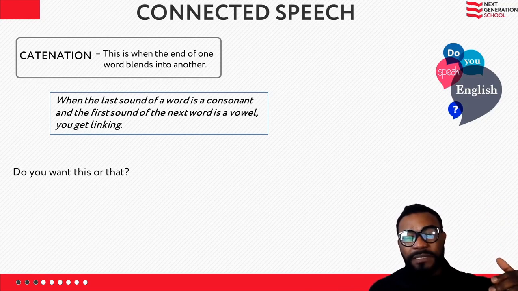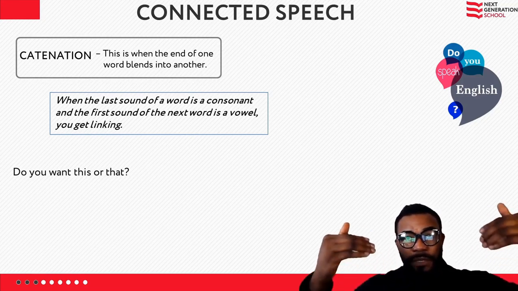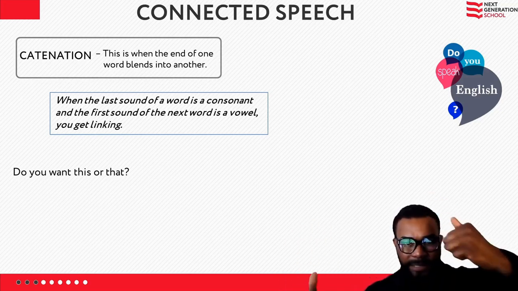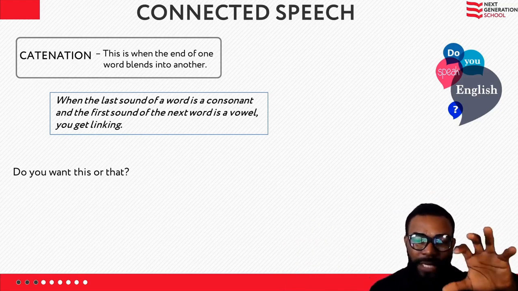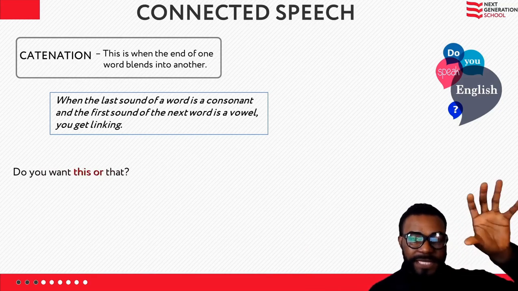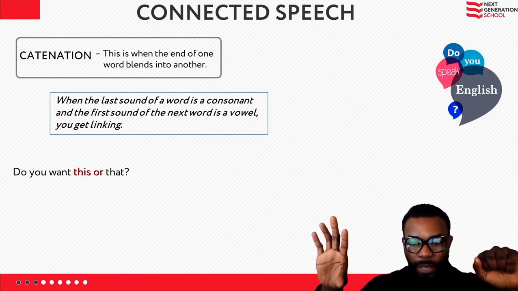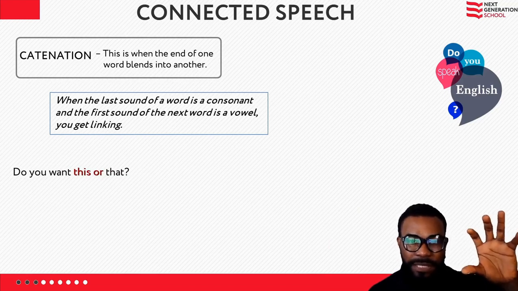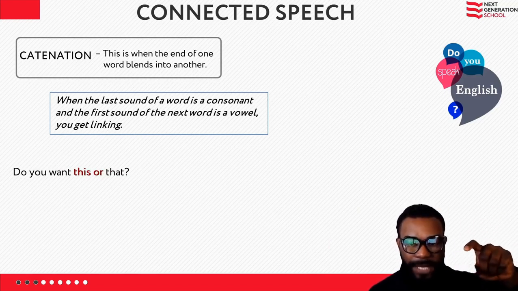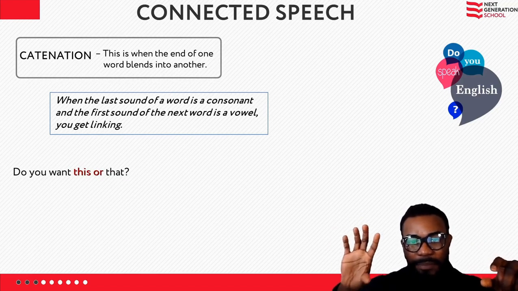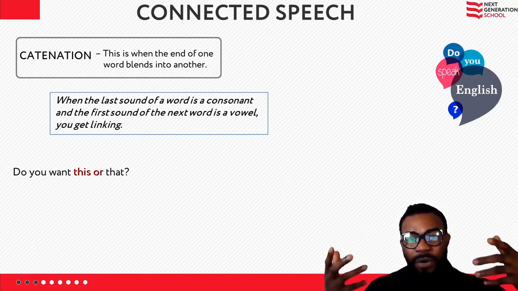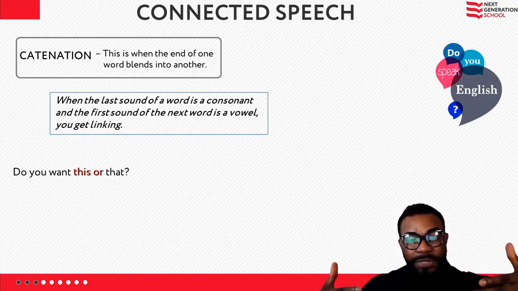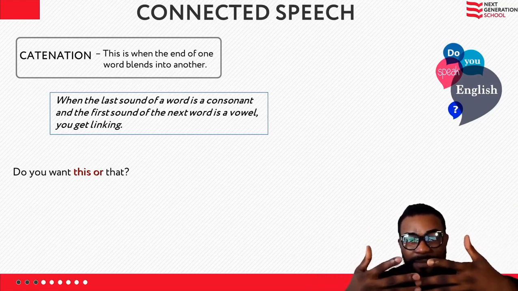Here we have a sentence. Do you want this or that? But then if you look at this part, we have this and or. So this ends in a consonant sound s, and then or begins with a vowel sound. So catenation tells us that we combine them.